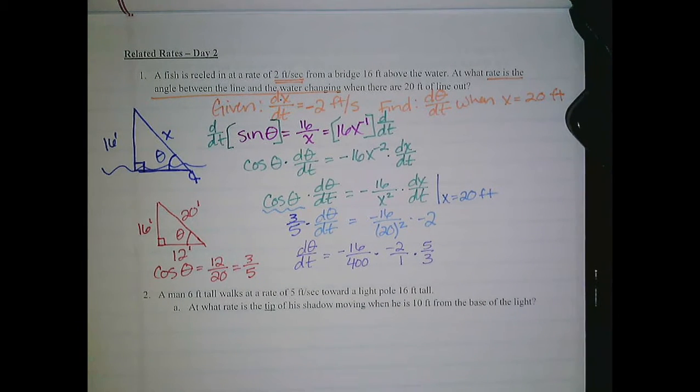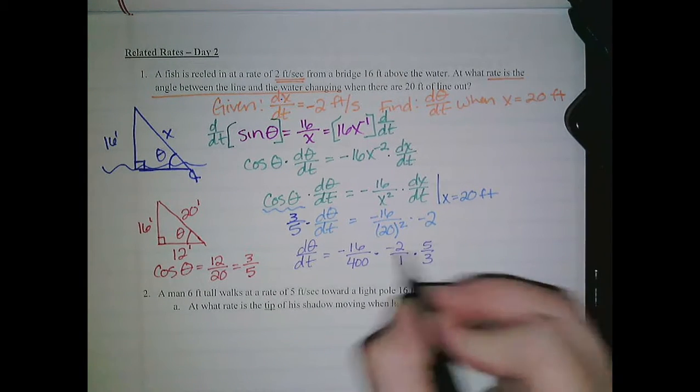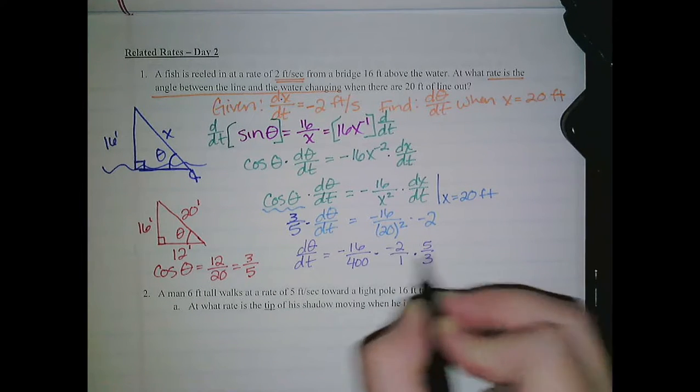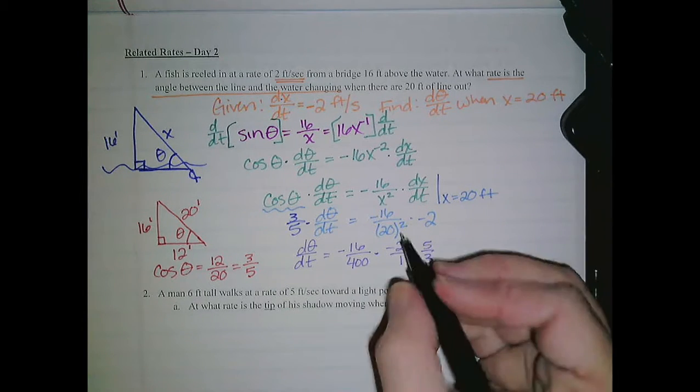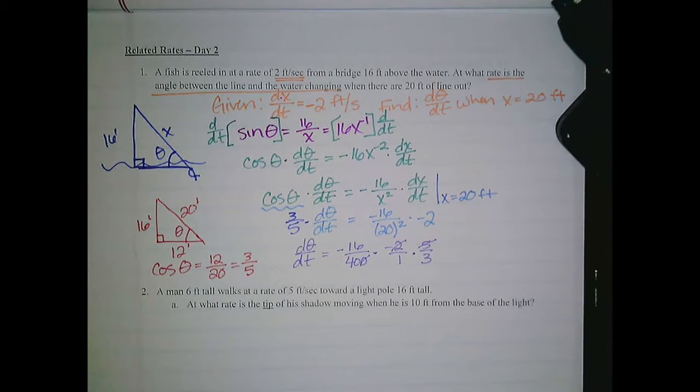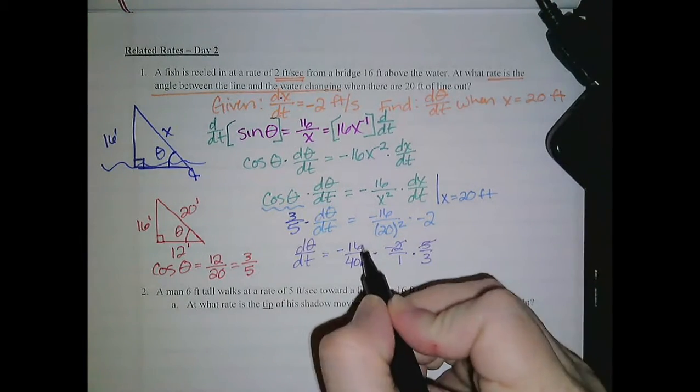And I'm going to go ahead and reduce this as much as I can before I multiply. So here I would have 2 times 5 is 10. And so I could reduce the 2 and the 5, that 10, with the 400 to get 40. I could also go ahead and reduce the 16 and the 40 by a power of 4.